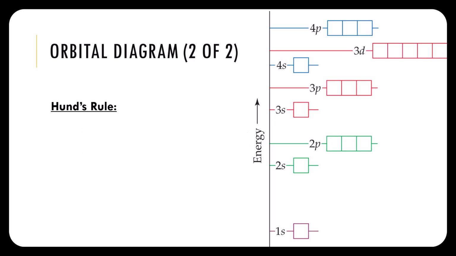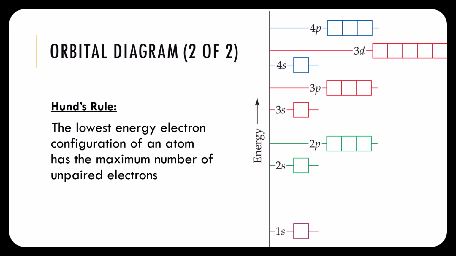So we would have to pair up if there's no other choice, but if there is a choice, electrons will go into what we call an unpaired orbital, okay? This phenomenon has a rule. It's called Hund's rule. So it's lower in energy for an atom to have unpaired electrons as opposed to paired electrons. So if unpaired is an option, that's exactly what they're going to do.